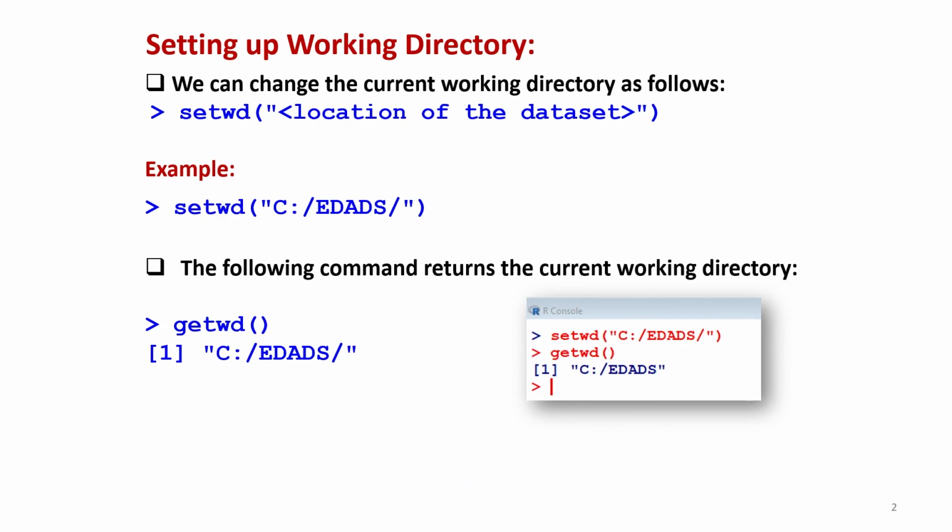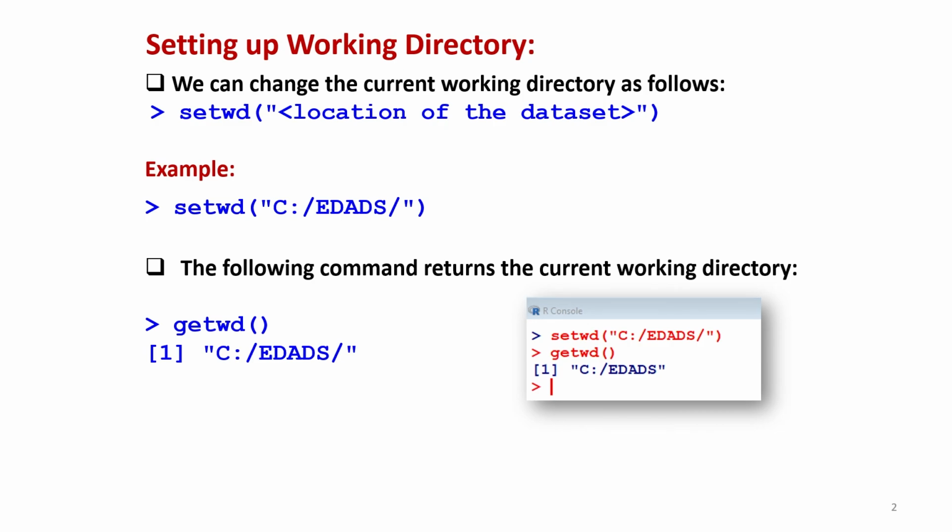In this lecture, we are going to begin with the basic functions: what you have to do when you get the data. The first option is to create a place in your computer where you need to store all the data. For that we can create a directory in which we can store all the data.